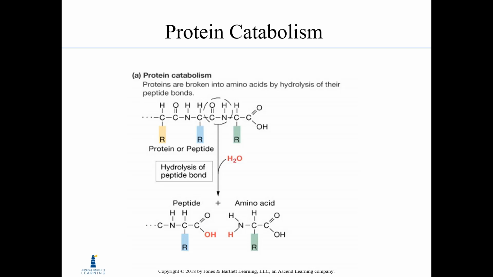If we look at that word hydrolysis, we have hydro and lysis. Hydro is water, lysis means to break apart. So we're literally breaking apart the molecule using water. And you can see here the bond that existed, and when we incorporate water into that bond, it breaks it into 2 separate parts.